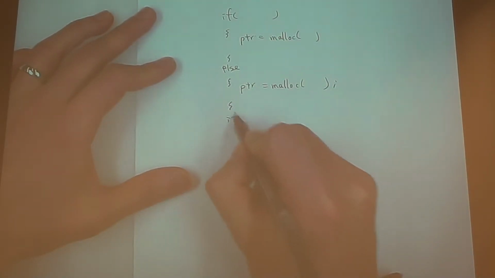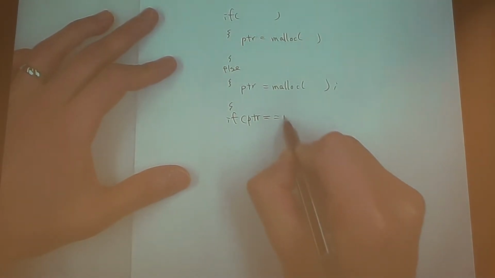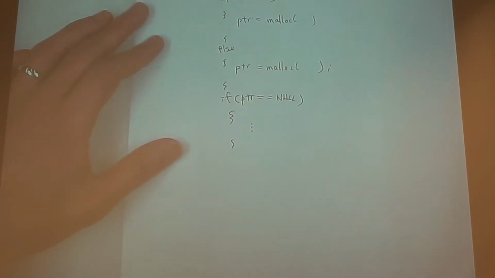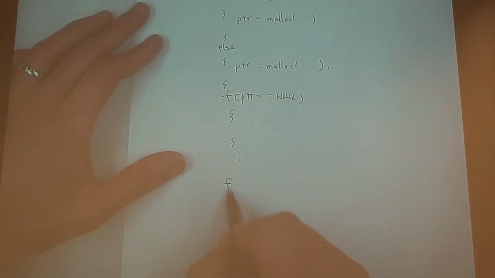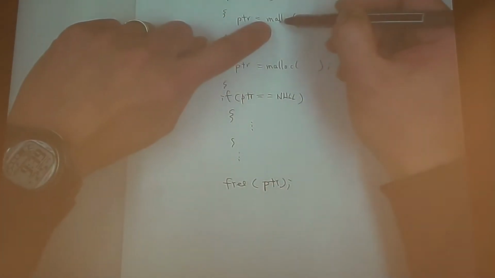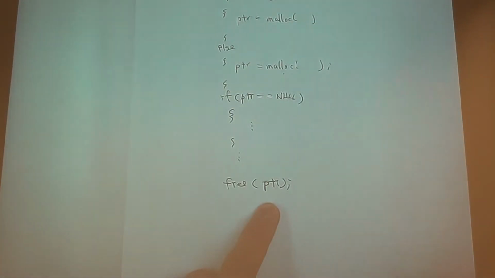Then here you say if, you need to check whether your malloc fails, right? And then you do something and then you say free. Since you will only allocate here or here, because of if else, you have only one, then free is fine.